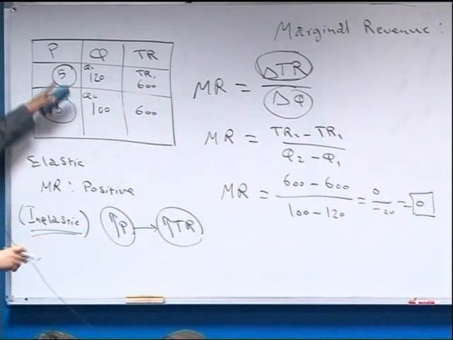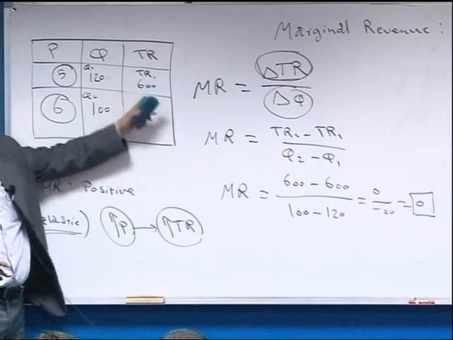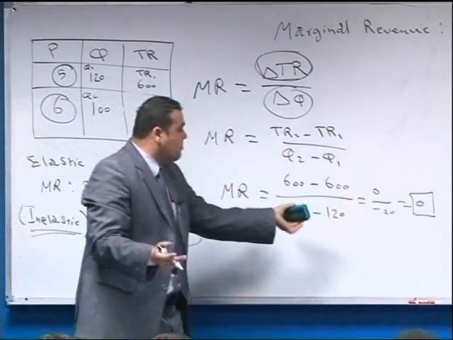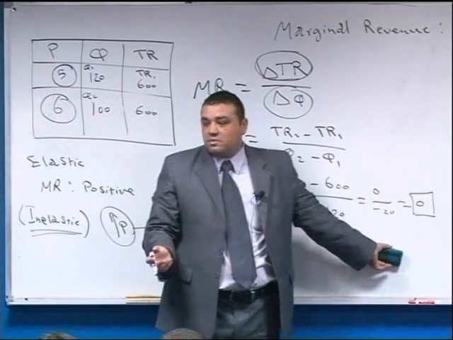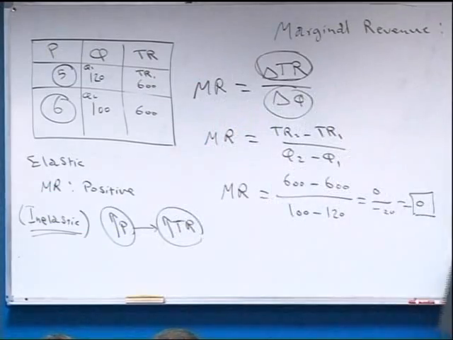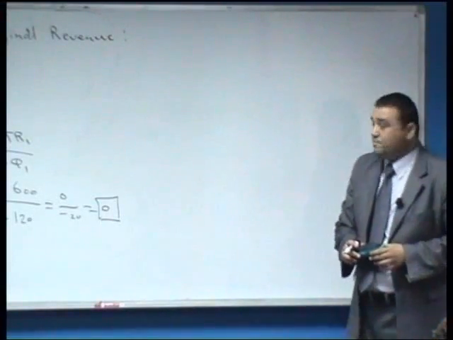In this case, as you see, when the price increased, there's no change in total revenue. The demand is unitary elastic, so MR equals 0. Right? Okay, I will come back to the point which illustrates the relationship between the prices and total revenue.